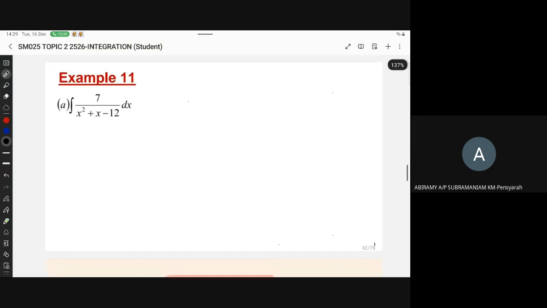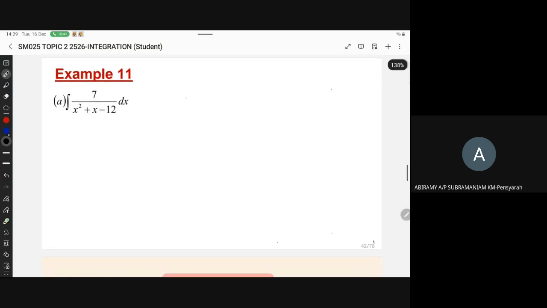Now let's see how to answer example 11. Example 11 is a rational function, the integral of 7 over x squared plus x minus 12 dx. We would like to use partial fractions to solve this question.